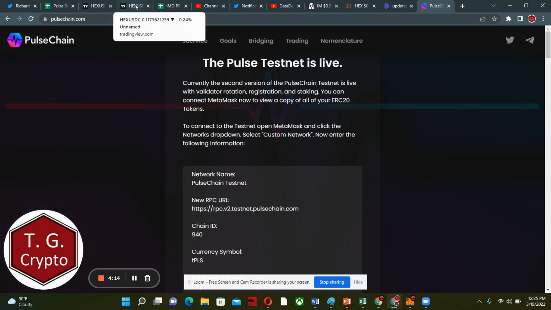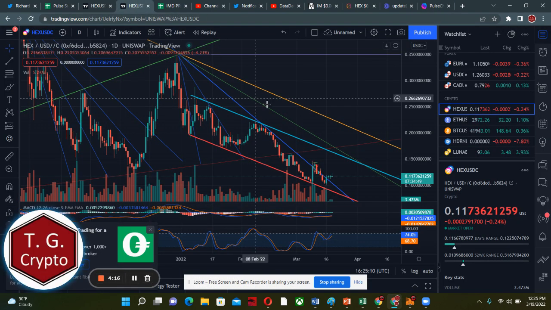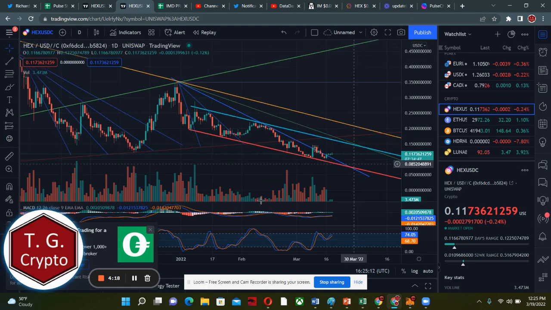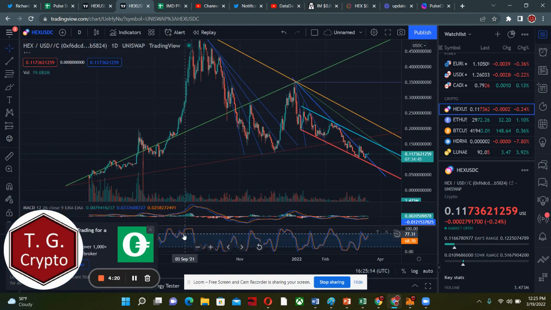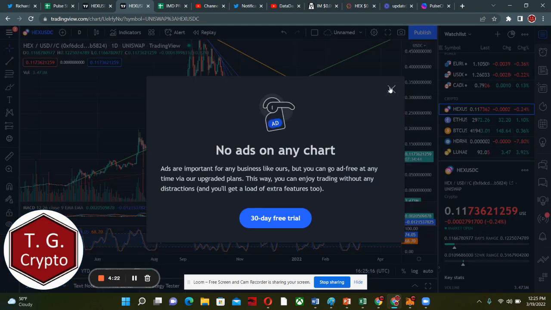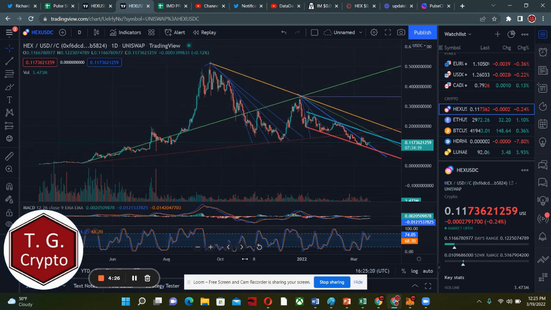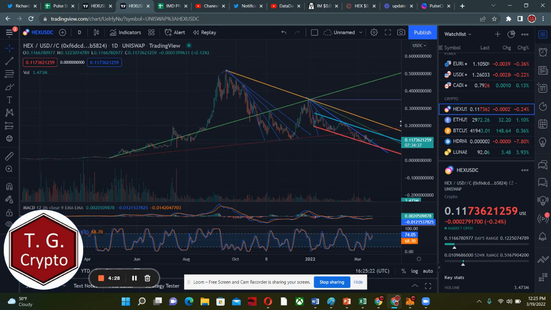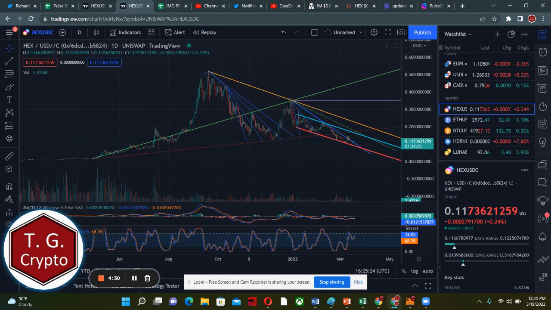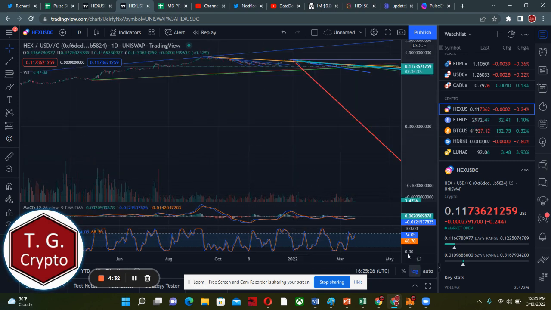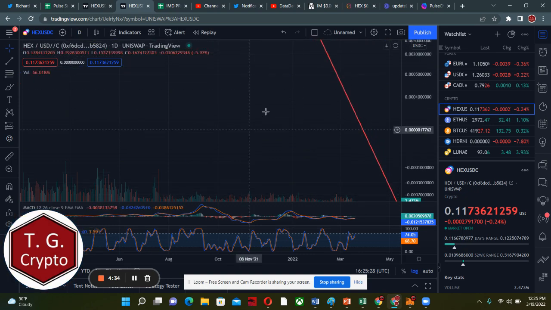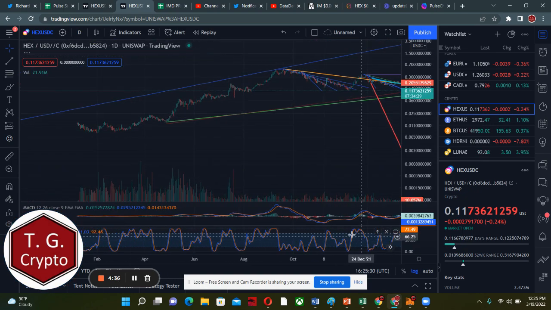Let's take an in-depth look at Hex. This is going to be a lot of noise, but I want you to look at it all, so bear with me. Looking at the traditional market, this is Hex as it usually stands. If we switch this to log, I still have all sorts of complicated lines all over the place.